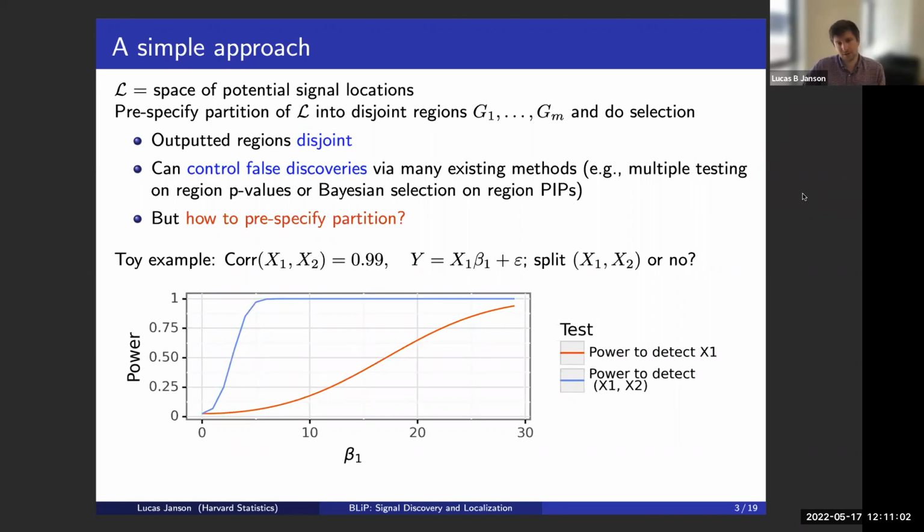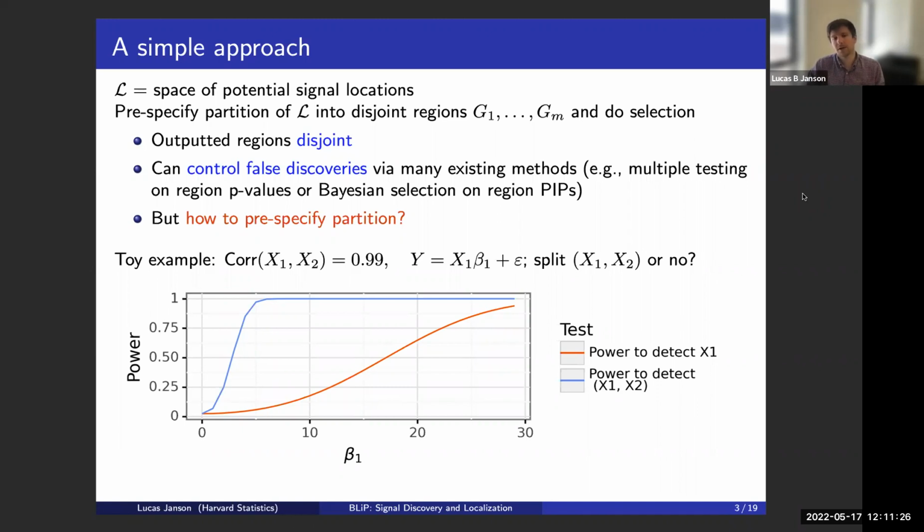And this is a brief toy example. The same type of problem that I mentioned in genetic fine mapping can be made easier to think about in a simple variable selection problem where you have highly correlated variables. Your regions correspond to a set of variables that you discover, and you want to find the variables that have a true coefficient in the model with y.